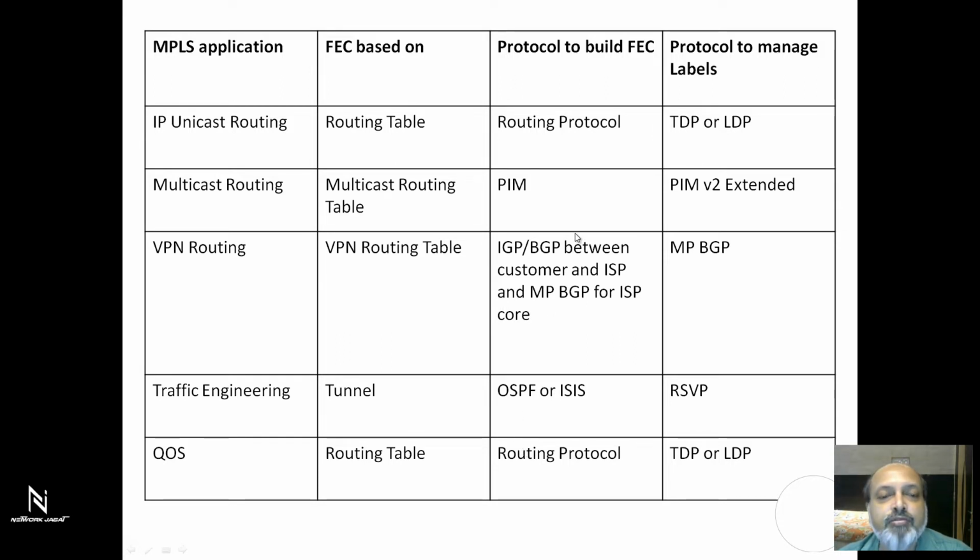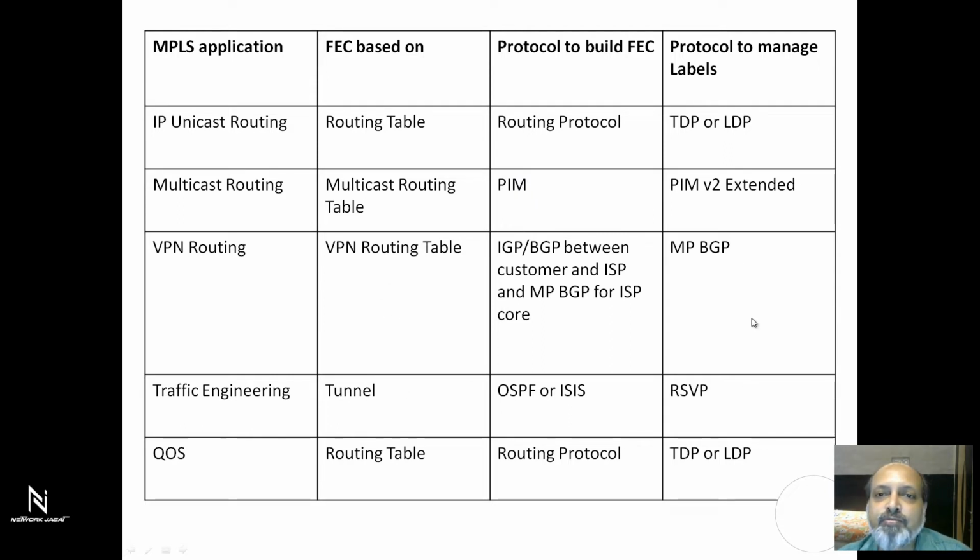You can have MOSPF or multicast OSPF. You can also have PIM, which is protocol independent multicast. Now, in case of MPLS, the only multicast routing protocol that is used is PIM. It is not using DVMRP or MOSPF. It is only considering PIM.